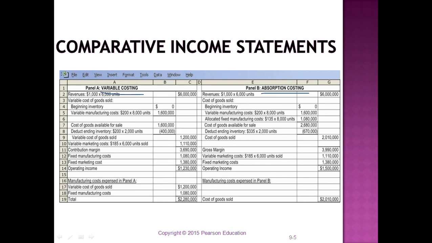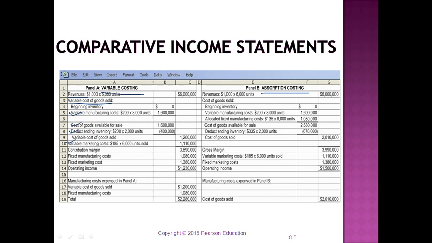This is the method that we used when we prepared our budgeting in chapter 6 and chapter 7. So you will notice here that the income statement is prepared by considering revenues minus all variable cost of goods sold. By that I mean you're going to take all the variable manufacturing costs as well as all other variable non-manufacturing costs, of course after adjusting for your inventory.